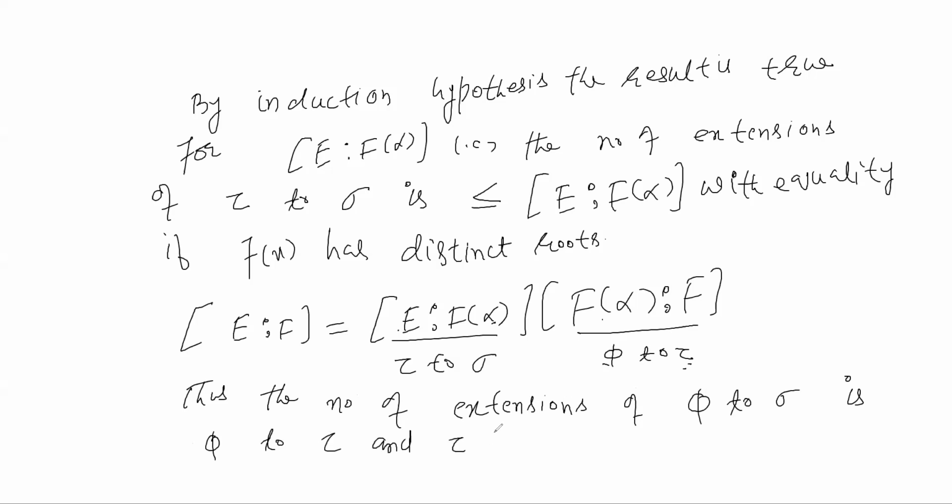Now this tau to sigma is less than or equal to the degree of extension of E over F alpha. So therefore the whole thing would be less than or equal to the degree of extension of E over F.